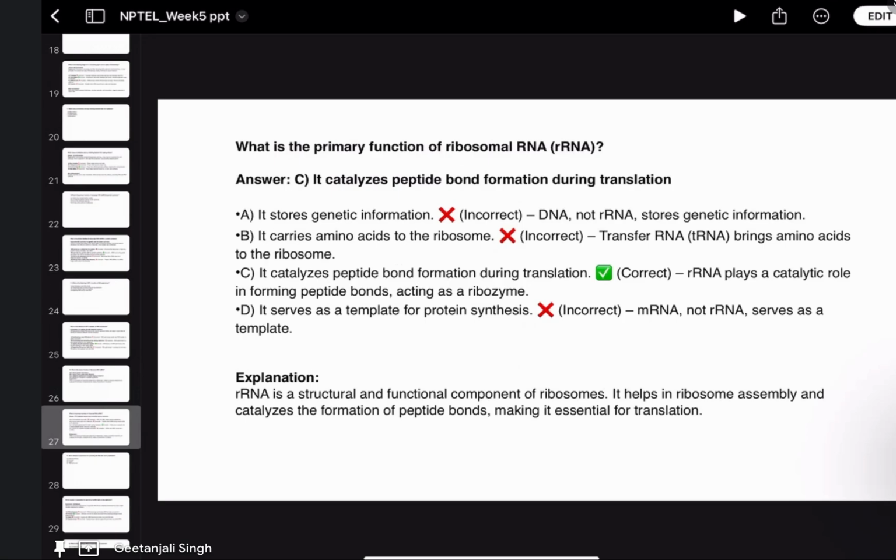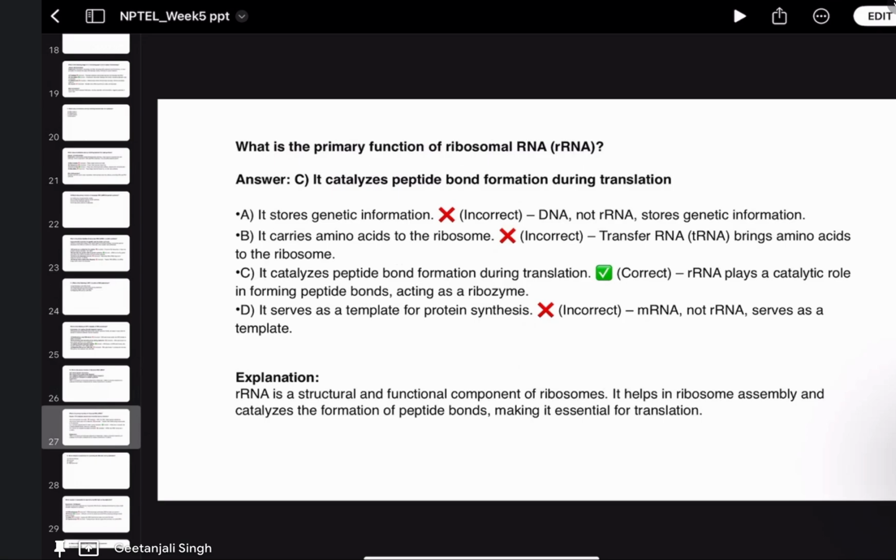So the first option was it stores genetic information. That's not correct. DNA stores the genetic information. The second option was it carries amino acids to the ribosome. That's done by transfer RNA. C, it catalyzes peptide bond formation during translation.